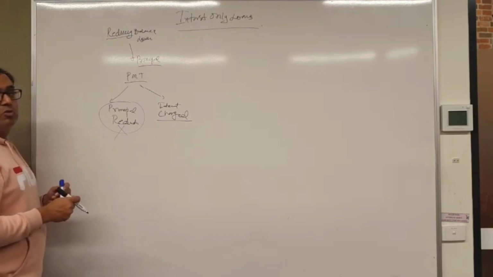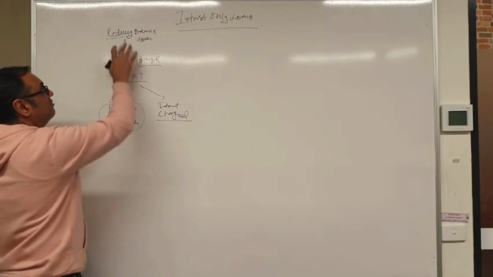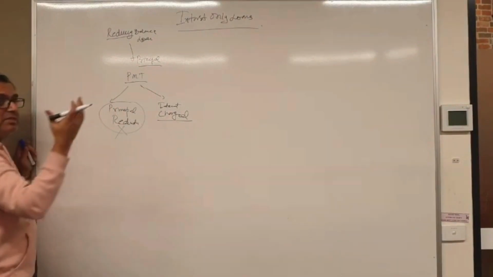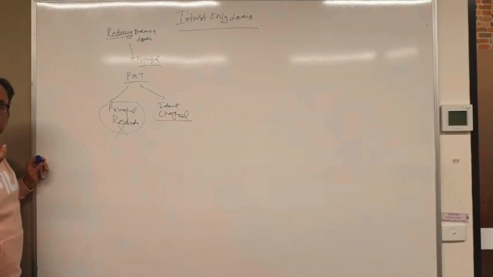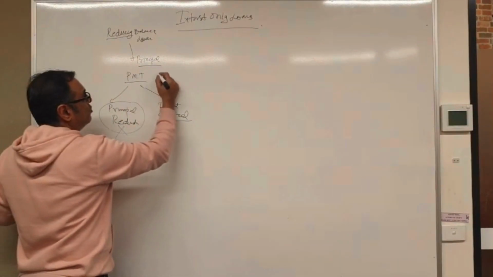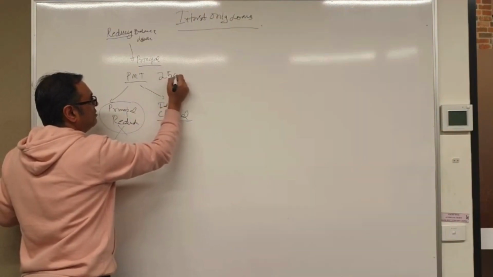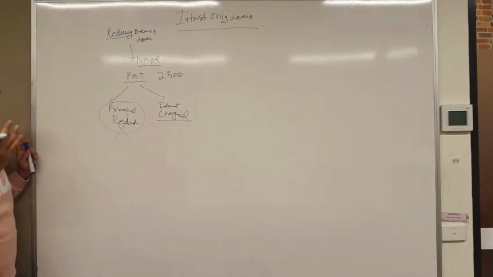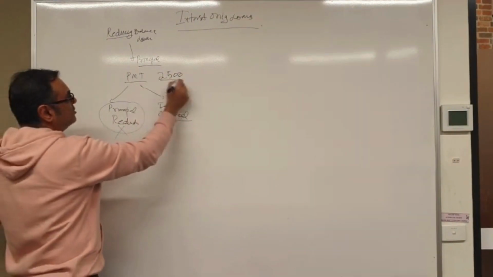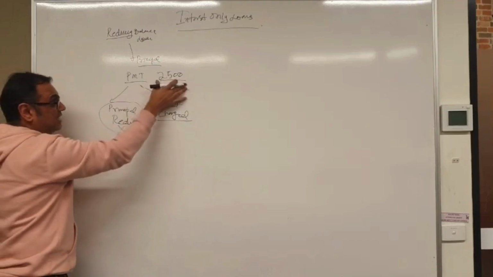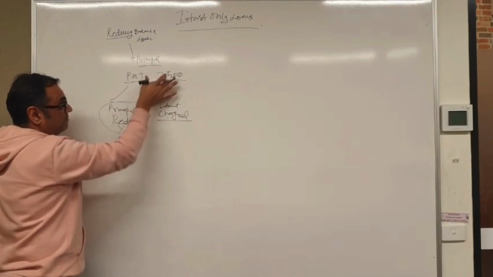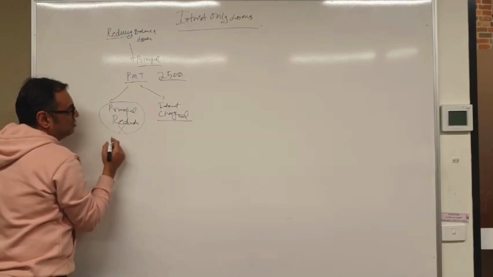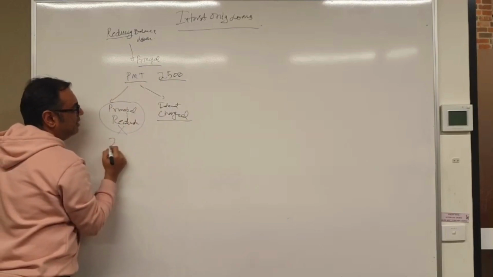One more thing to note is that in the world of reducing balance loans, your PMT is a very hefty, significant amount. For example, if it's $2,500, and you split that amount, a significant part of the PMT is principal reduction. I'm just hypothetically making up figures.